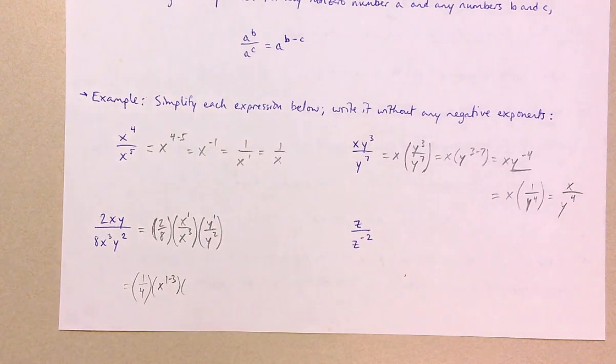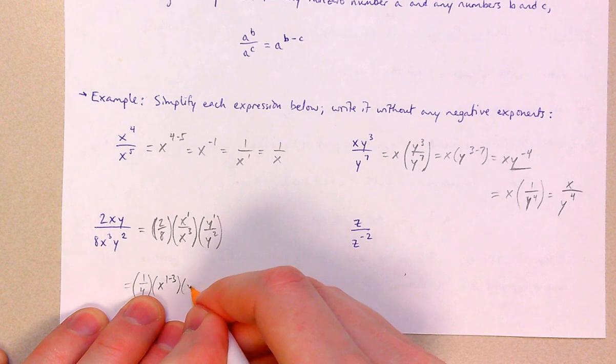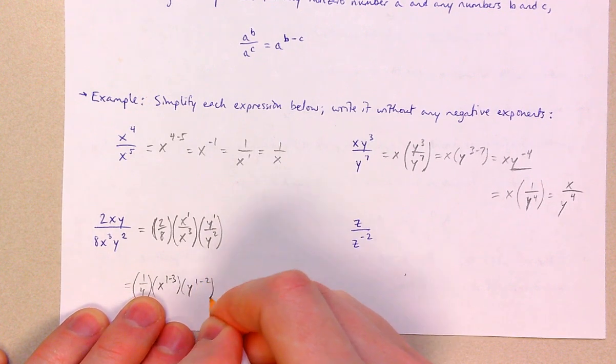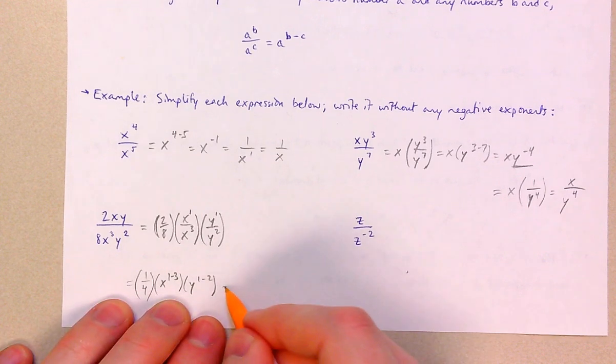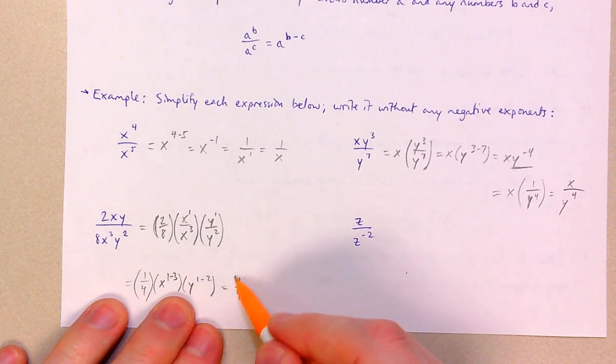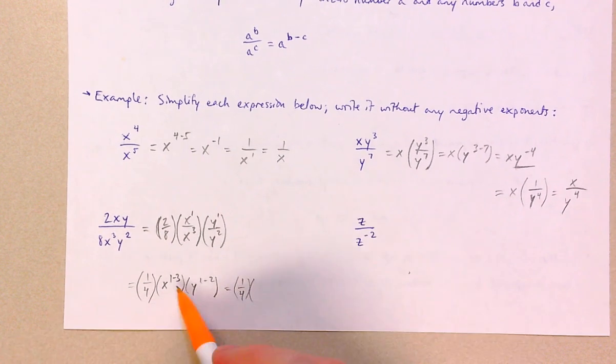Similarly, with the y's, y to the power of 1 divided by y to the power of 2. Bases are the same. Quotient property says take the difference of those powers. Clearly, 1 minus 3 is negative 2.